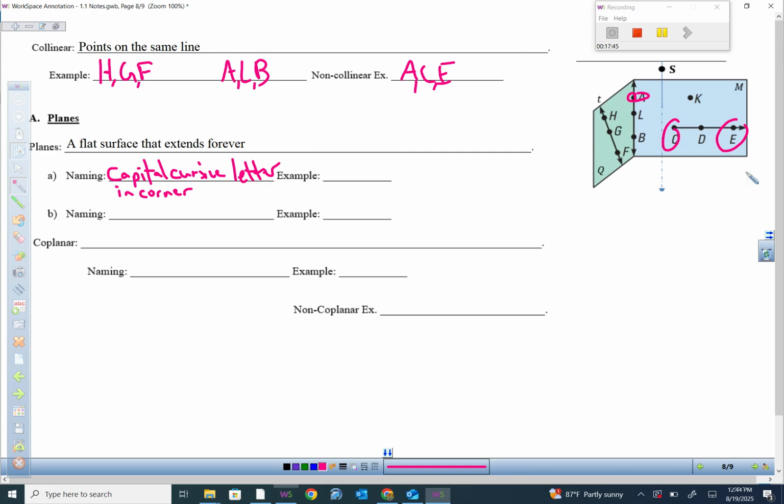So looking at these planes, you see how there's this M here or this Q here. So plane Q or plane M, those would work. Okay. Another way is three, and this is important, non-collinear points. So they cannot be on the same line. To label it, use non-collinear points within the plane.